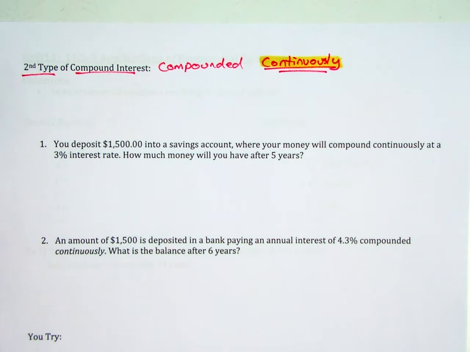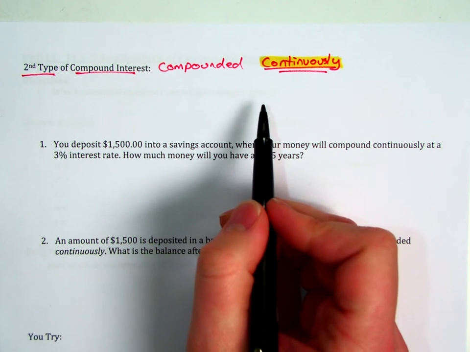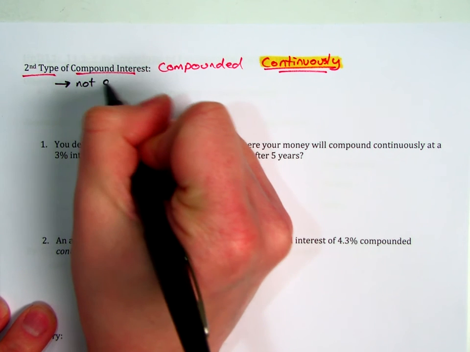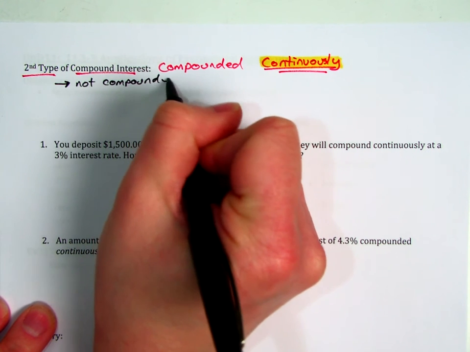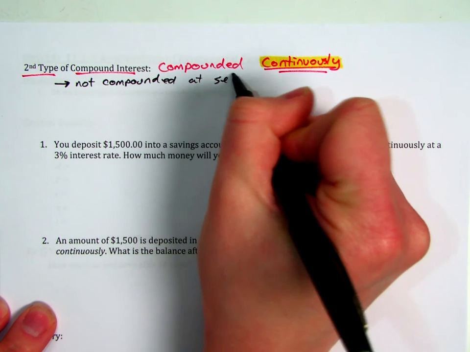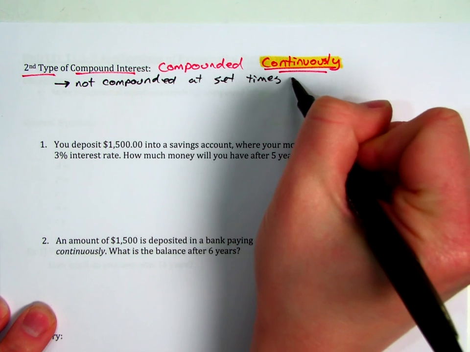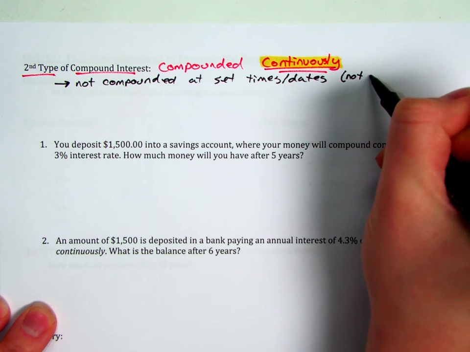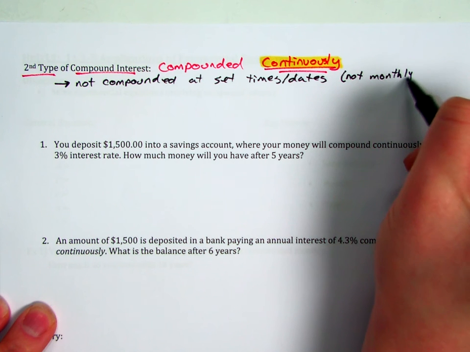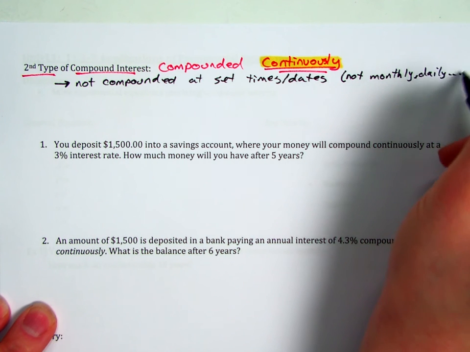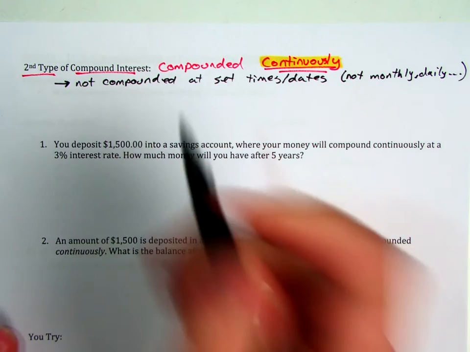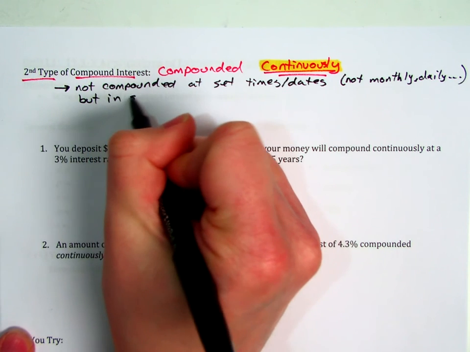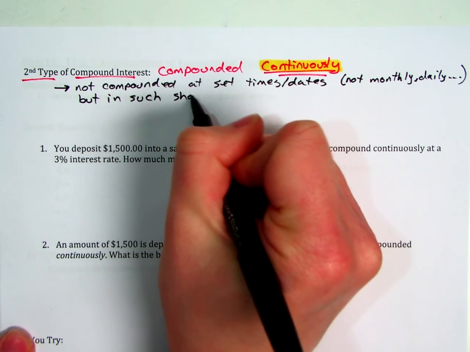The idea behind this is that when we're compounding continuously, it's not a set amount of time. It's not compounded at set times or dates. In other words, it's not going to be monthly or daily or whatever it happens to be. It's compounded in very short quantities, but in such short quantities that it's not quantifiable.